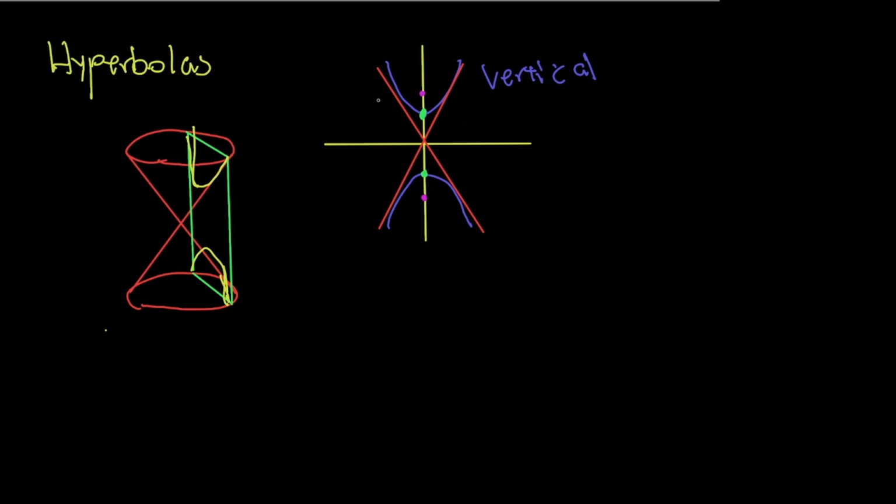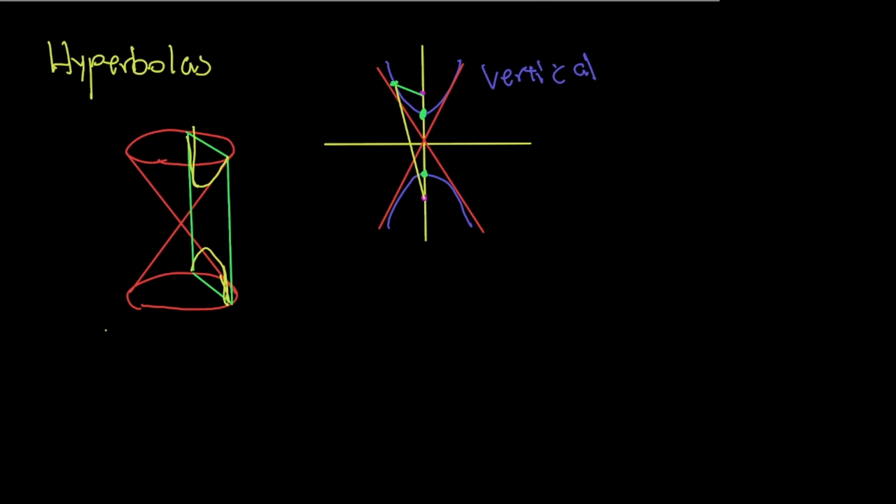If you pick any point on the curves of the hyperbola, let's say I pick this point, the difference between the distances from this point to the first foci and this point to the second foci will always be the same. So let's draw that to visualize it. So this yellow distance minus, let's do green, minus this green distance will always be the same, or the other way around.